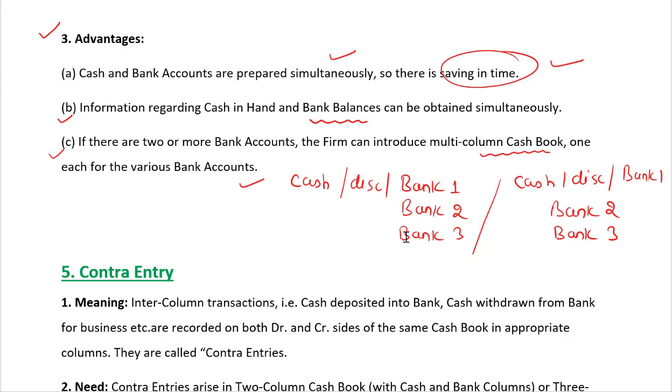So there would be 10 amount columns, 5 on the debit side and 5 on the credit side of the triple column cash book. I believe it is clear.